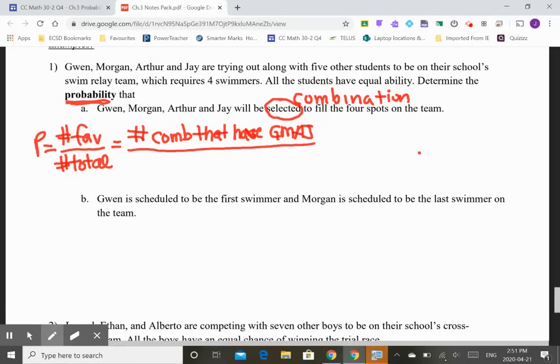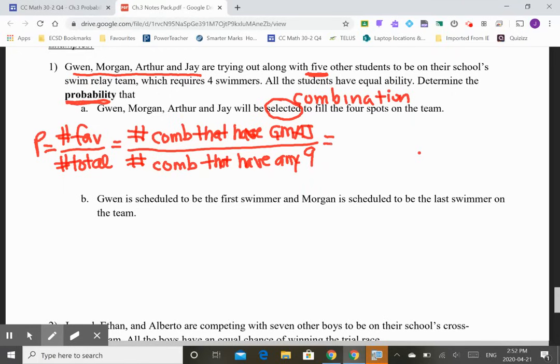Our denominator is the total number of combinations with no restrictions. So that's going to be the number of combinations that have any of the students trying out. Well, Gwen, Morgan, Arthur, and Jay are trying out with 5 other students. There's 9 students here. So the number of combinations that have any of the 9 students.